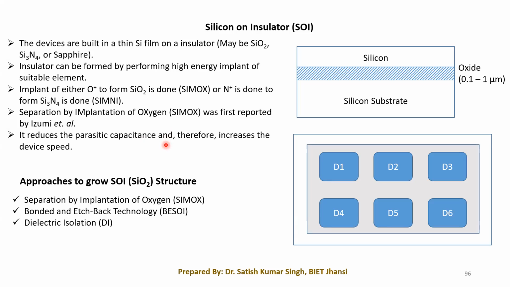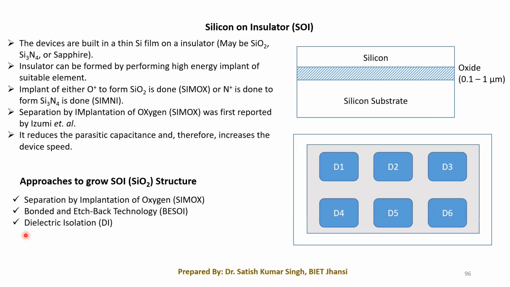Suppose we want to follow the SIMOX process, growing an SiO2 layer while forming the silicon on insulator by implanting oxygen. Generally this is done by three processes: SIMOX, BSOI, which stands for bonded and etch-back technology, or dielectric isolation.